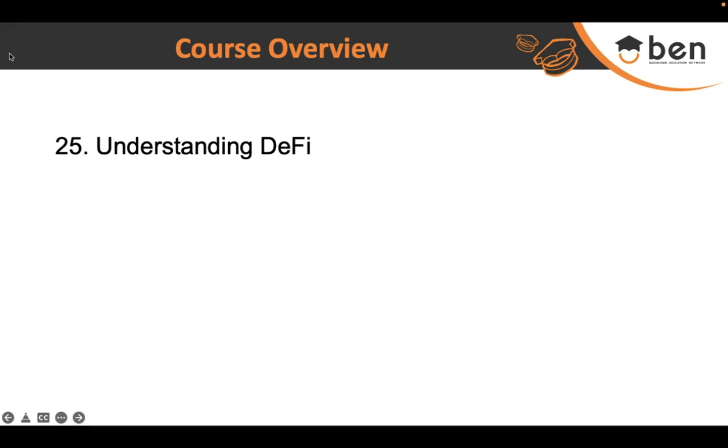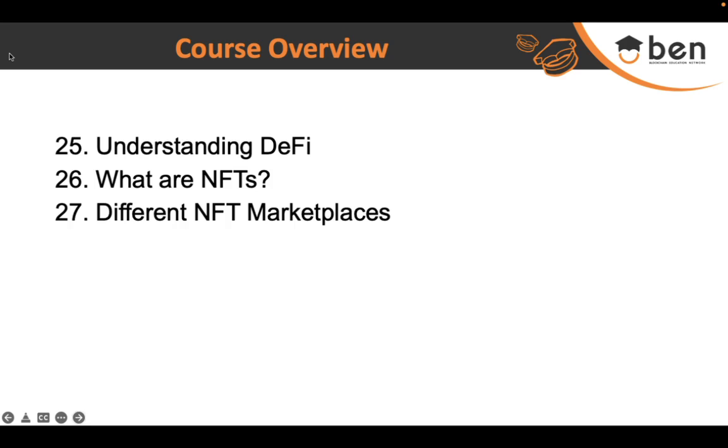Moving on to understanding DeFi or decentralized finance, the most important terminologies related to DeFi. Then NFTs, the non-fungible tokens, which are getting very popular these days. We are going to understand everything about NFTs. And then we are going to look at the different NFT marketplaces available to us and what the differences between each of them are.